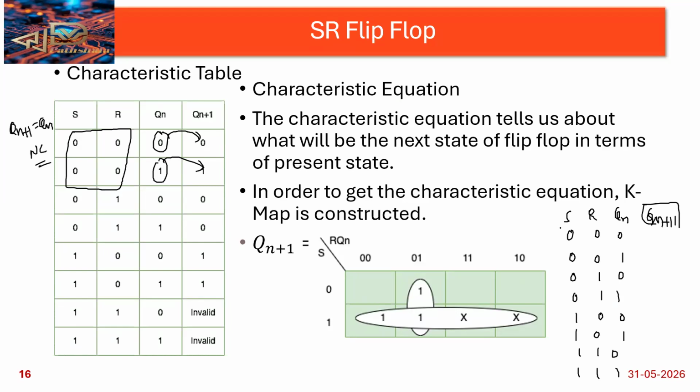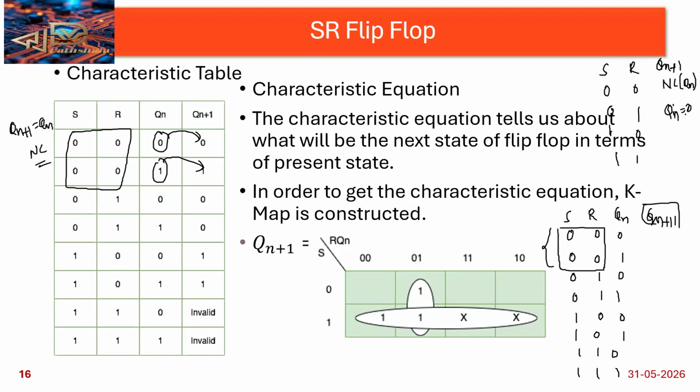For S and R equal to 0 0, 0 1, 1 0 and 1 1, this is the Qn plus 1 output. The output will be the no change condition, that is, whatever the Qn is will appear at Qn plus 1. Then 0 1 means reset condition, and the output will be 0 only.